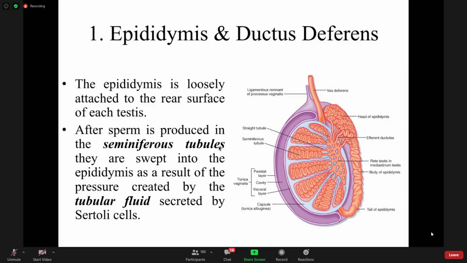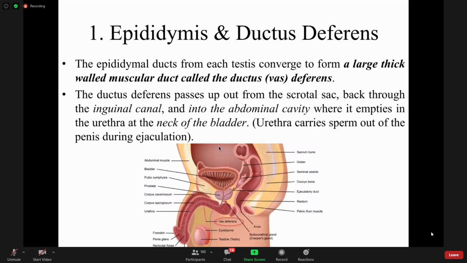The vas deferens is an important structure because it exits the scrotal sac through the inguinal canal and deposits the semen at the neck of the bladder, and it also has some additional functions.